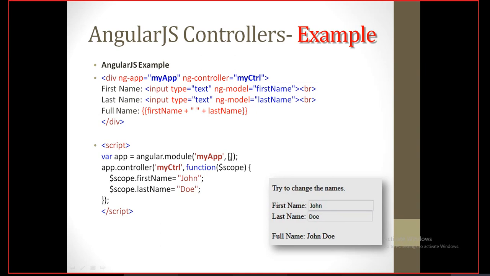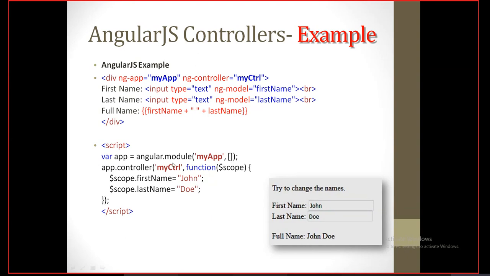What is the second argument to this angular.module function? It is nothing but an array of dependent modules. So if there are any other modules which are dependent on my app, I will have to define the names of those modules in this array. For now it is empty. There is no dependent module.